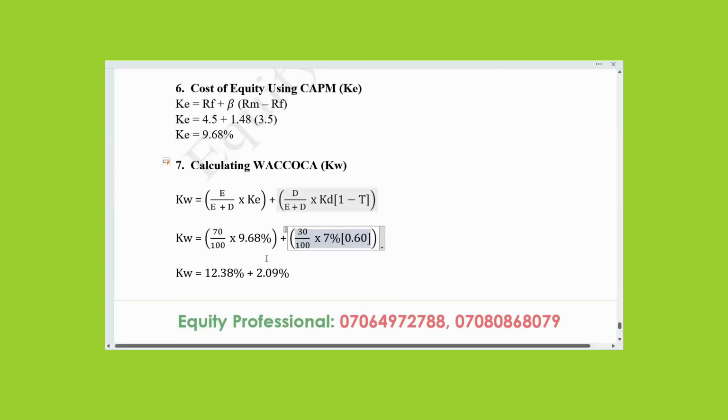Give me from the left. What do you have there? 6.776, that is 6.78. Then on the right, what do you have there? 0.3 multiplied by 7 multiplied by 0.6.